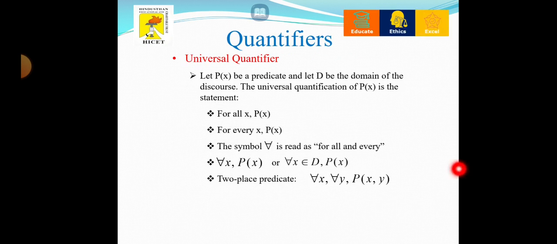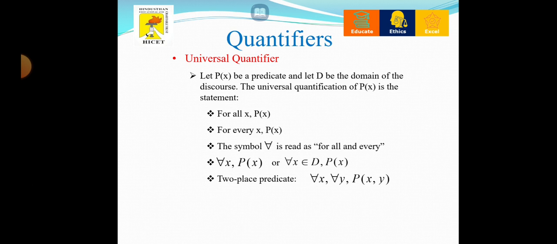Next, quantifiers. There are two quantifiers, the universal quantifier and the existential quantifier. First, the universal quantifier. Let P of x be a predicate and let D be the domain of discourse. The universal quantification of P of x is the statement: for all x, P of x, or for every x, P of x.